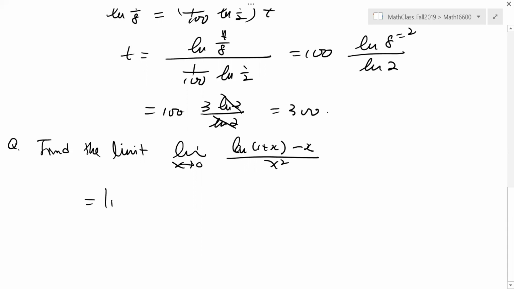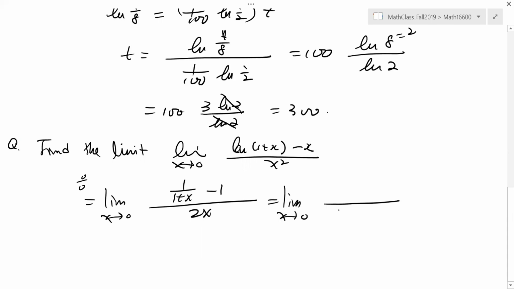Make sure, you know, when you can use L'Hopital, it's 0 over 0 type. Therefore, you can apply L'Hopital's rule. So it's 2x. When you differentiate, it's 1 plus x minus 1. And you have to simplify a little bit before you continue. So you get 2x, you move this to the denominator. I think it's actually negative x here.